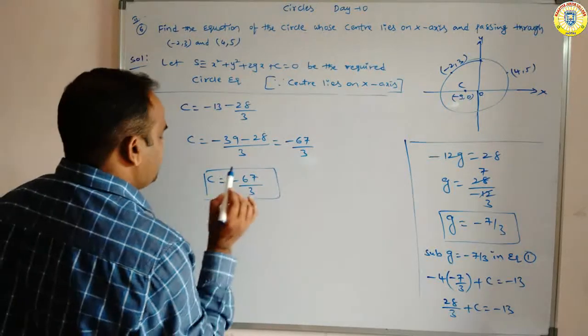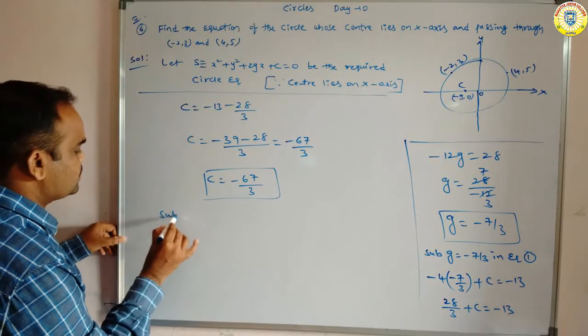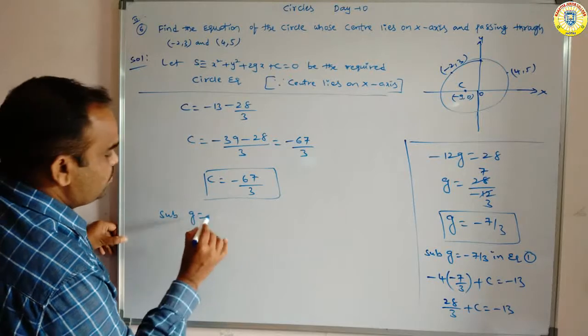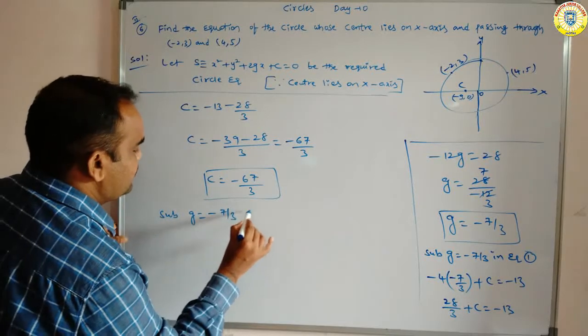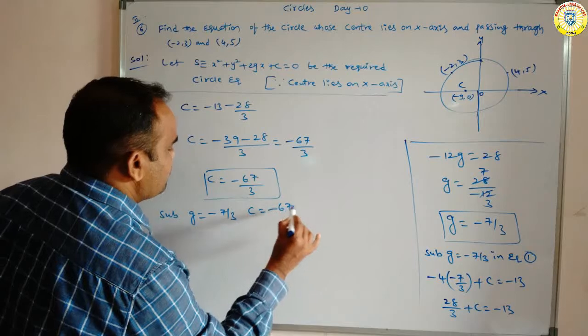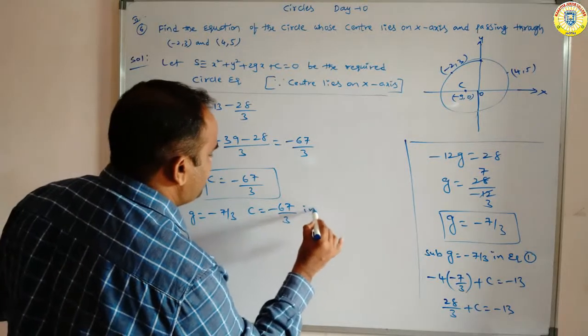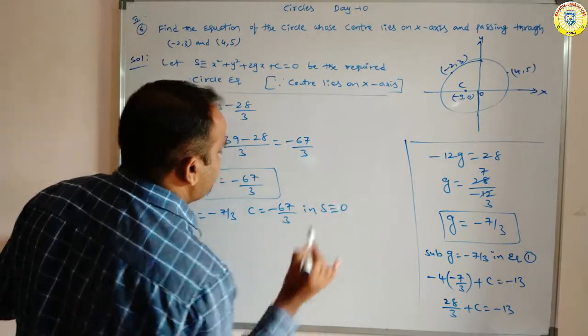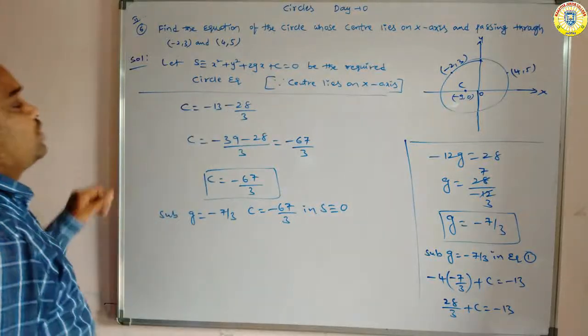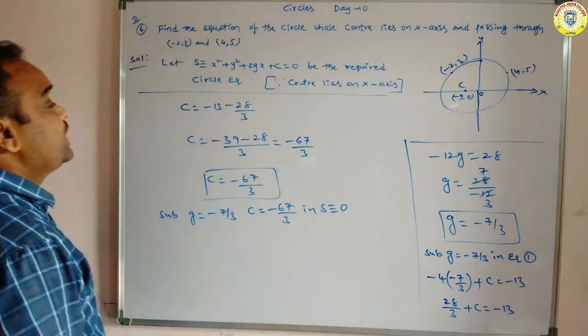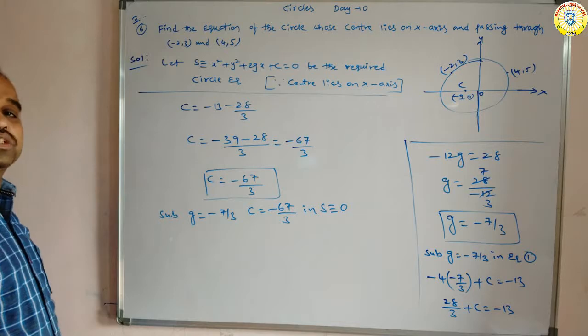Now substitute g is equal to minus 7 by 3 and c is equal to minus 67 by 3 in which equation? S is equal to 0. The required circular equation is x square plus y square plus 2gx plus c equal to 0.